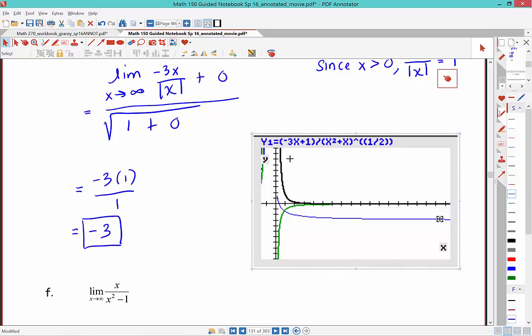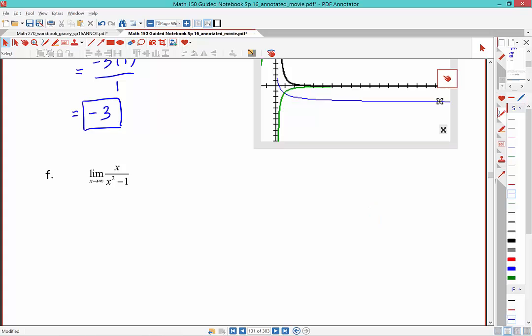All right. So now let's take a look at this problem here. With this one, what we'll have is the limit as x approaches positive infinity of x over x squared minus 1.